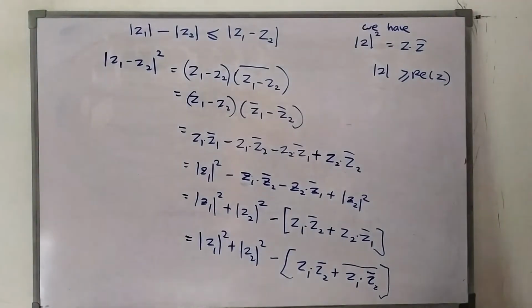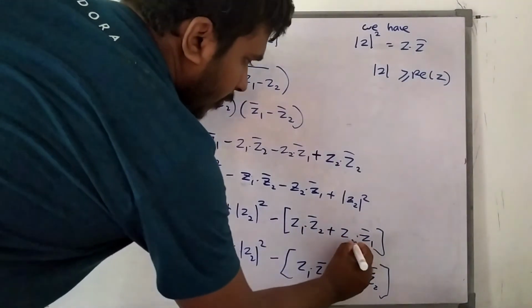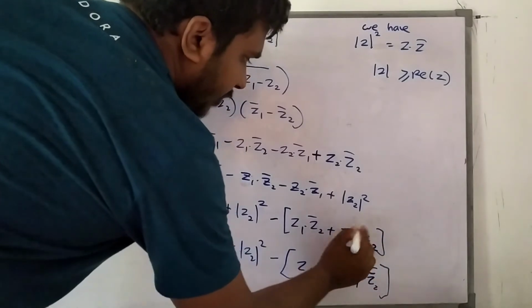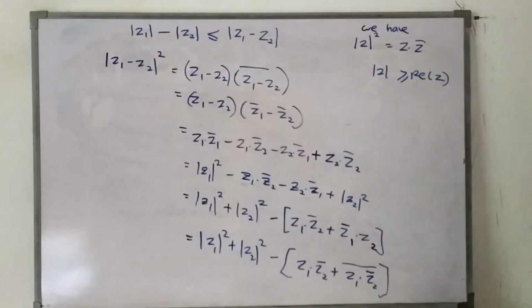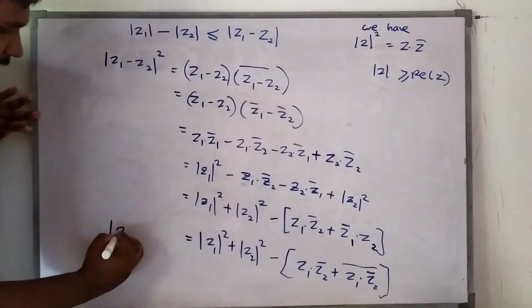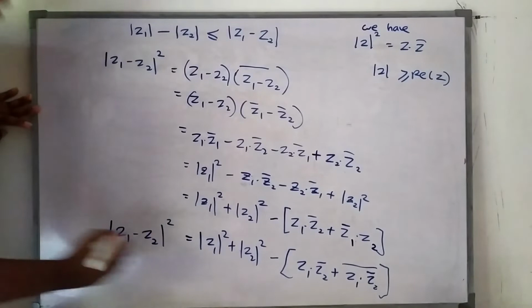It will be comfortable if it is z1 and z2 in order, right? So after that, this is basically |z1 - z2| square.